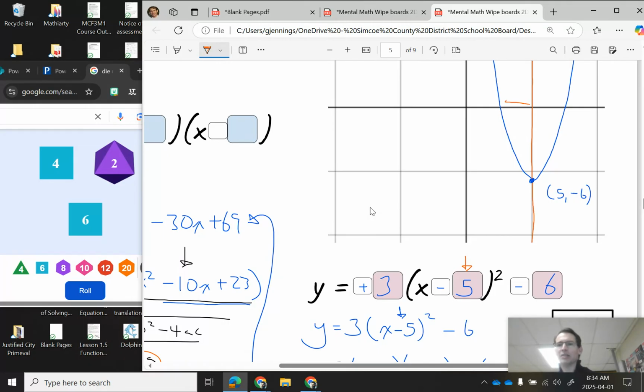And then this here was minus root 8 on 2, and this is plus root 8 on 2. So the discriminant shows us how far apart from the axis of symmetry to go to find those two roots.